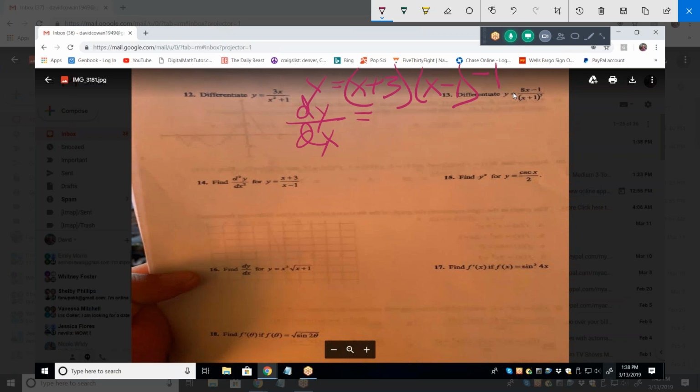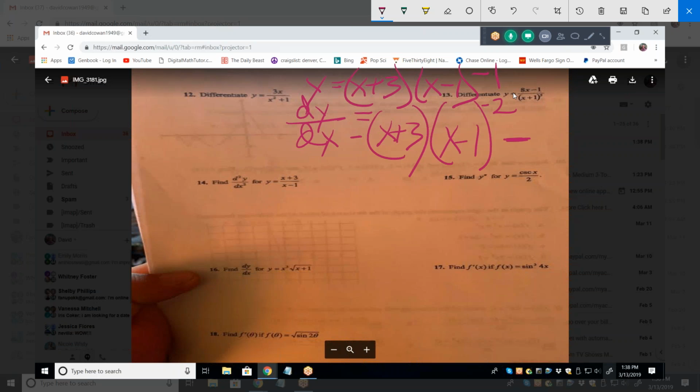Okay, so if I use the product rule, we're always going to start with x plus 3, just to get us going, times minus x minus 1 to the negative 2. I put that negative sign in front of the first term, which is fine.